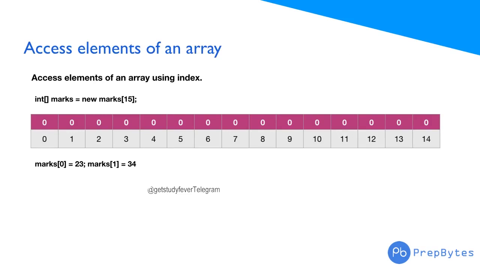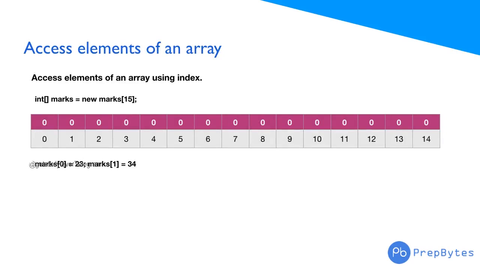Here we are accessing the elements of an array to assign some value. We are assigning the value 23 to the first element, or the 0th index, and the value 34 to the second element, or the first index. This is how we can use the index to access elements of an array for assigning values.